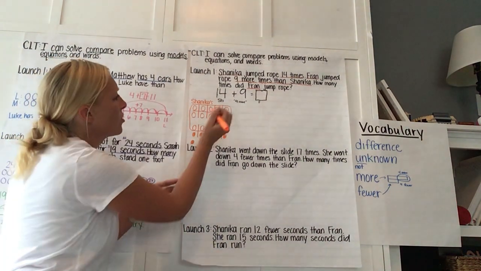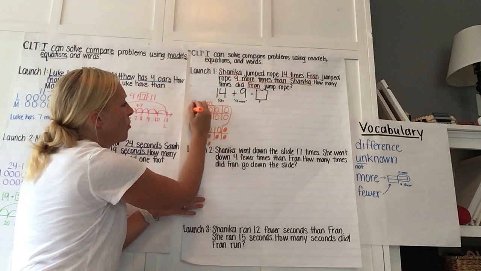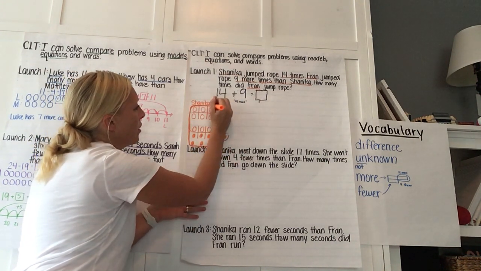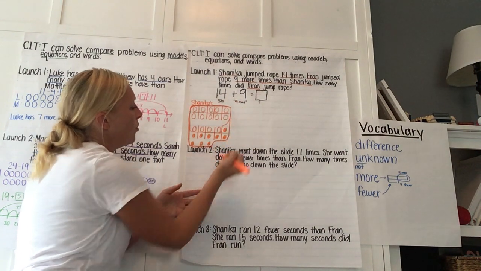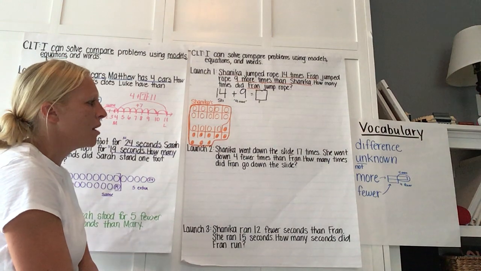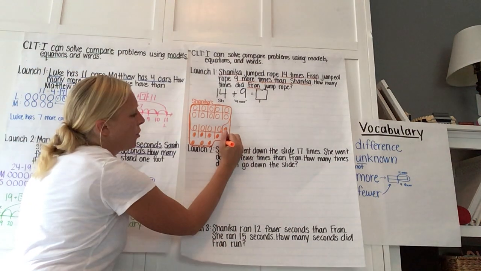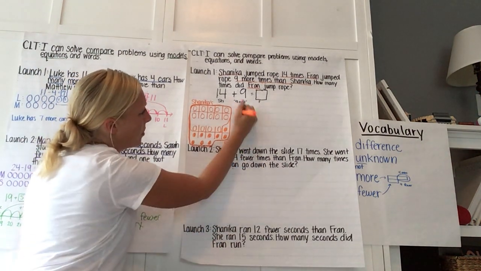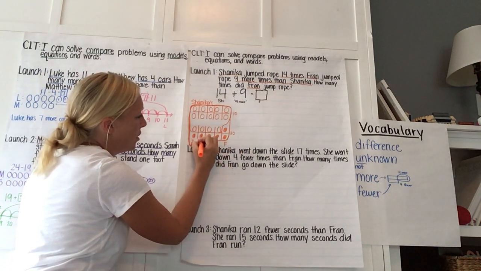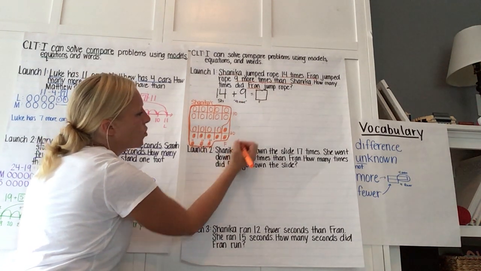Or where's Fran's jumping rope? Oh, the whole kit and caboodle. All of those are Fran's. So how many times did Fran jump rope? 10, 20, 21, 22, 23.